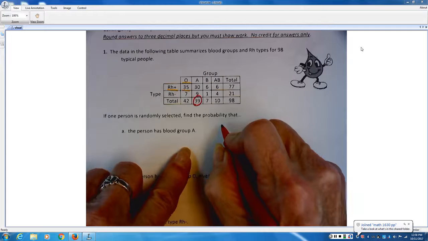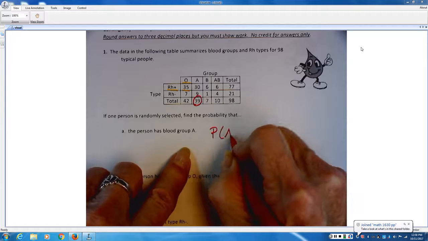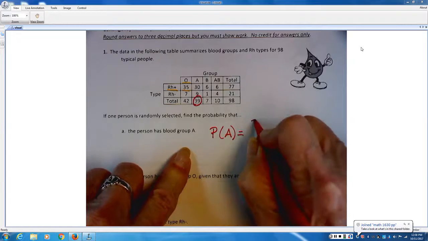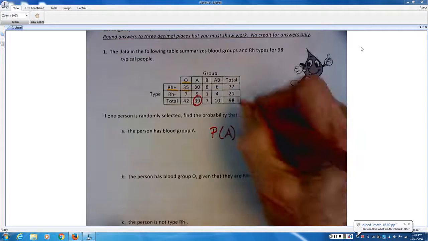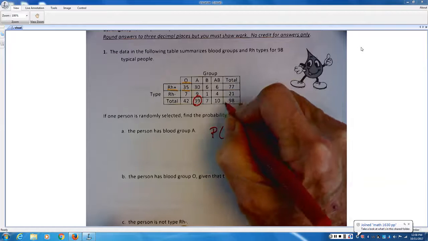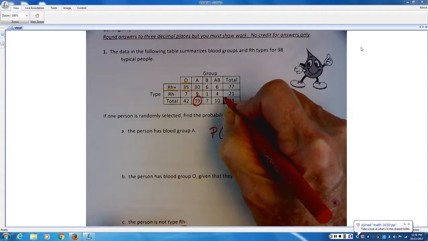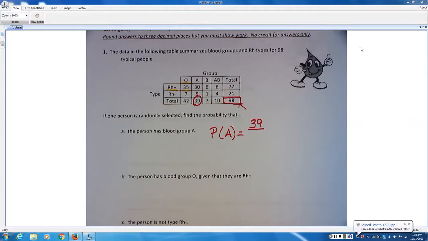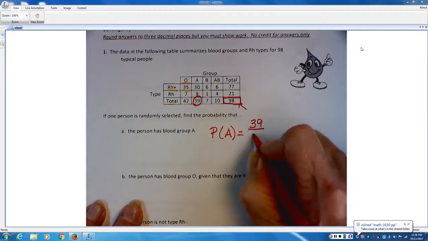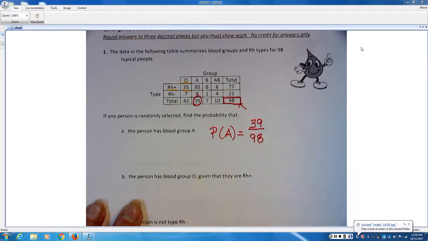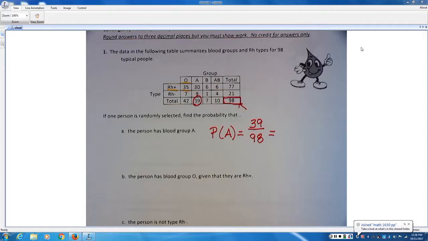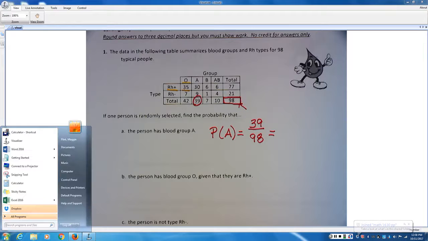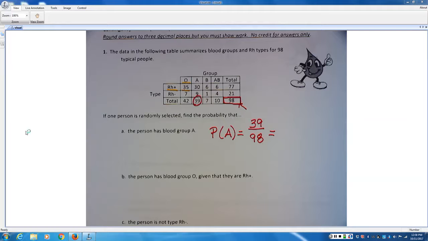So that was 39 people, probability of type A blood. 39 people out of the total, which is going to be that 98 people. So 39 out of 98. And we're going to convert these into decimals and percentages so that we can understand better how likely that is.